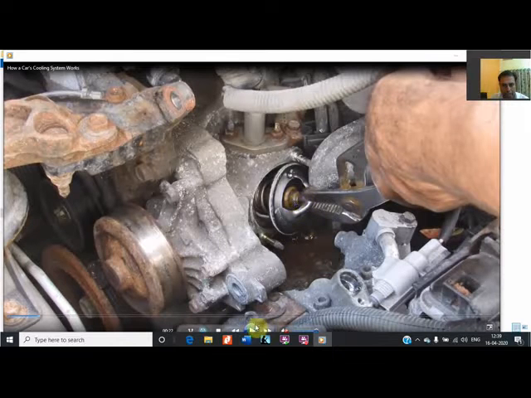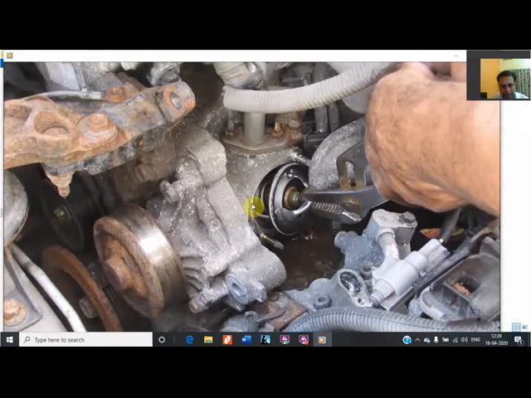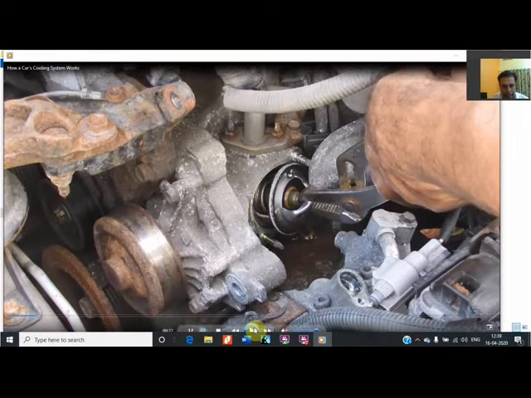Inside that casing is wax, which melts at 82 degrees centigrade, and it allows the coolant to flow inside the cylinder block. Unless and until it is open, the coolant will remain in the radiator and it will not cool down the engine, because it is not required at the starting of the engine. There is no need for coolant circulation at the starting.